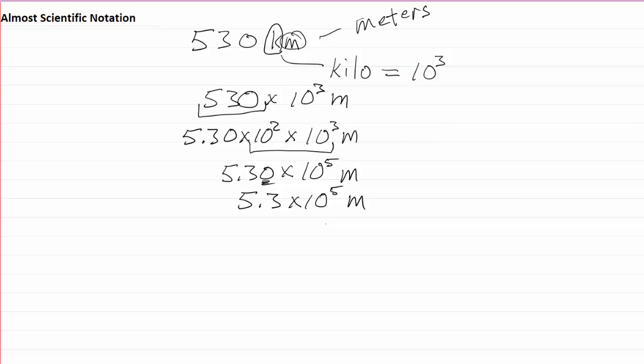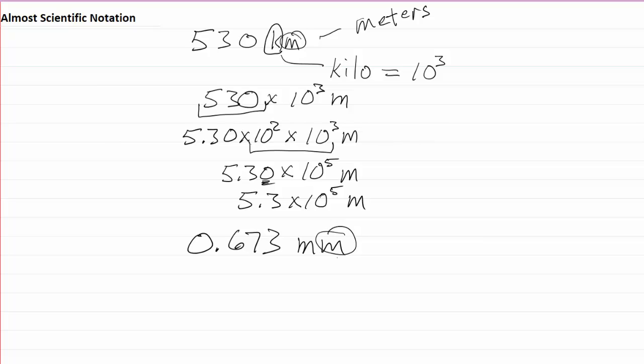Another example of doing this is if I have the number 0.673 millimeters. Okay, now the meters are here. They're both m's, but the one to the left is always the multiplier. The one to the right is always the unit, unless it's a two-letter abbreviation.